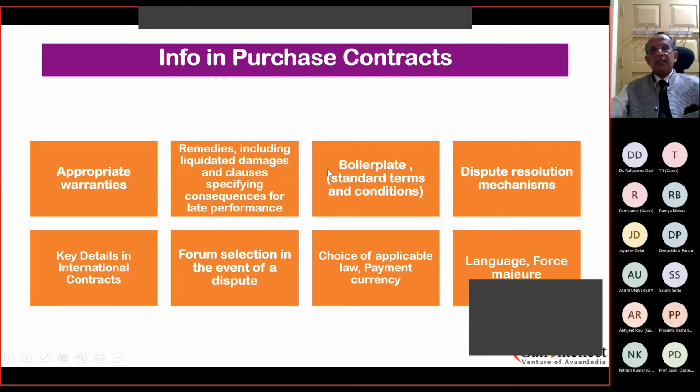Right, boilerplate terms, standard terms and conditions. This is what I wanted to say. You remember in the previous slide I had shown installation. Boilerplate is a terminology very much used in Western countries, wherein a supplier or vendor, when asked to give details of the product, will just put one line: as per boilerplate terms and conditions.